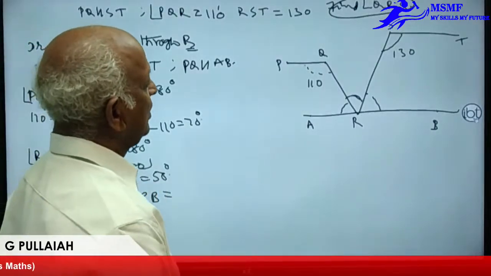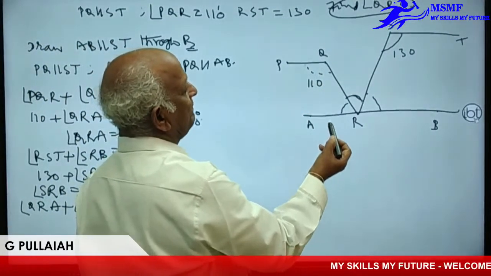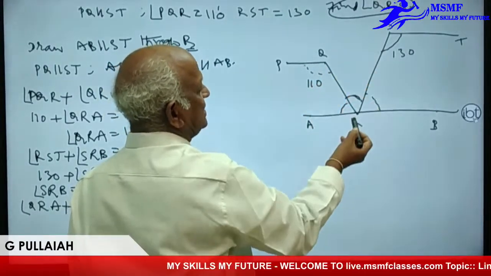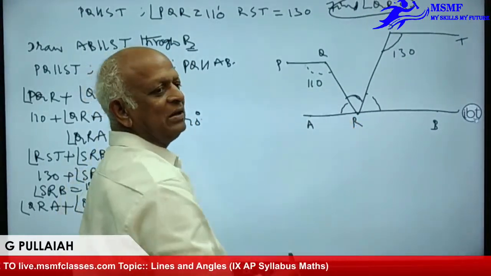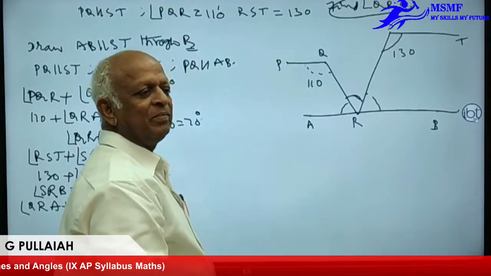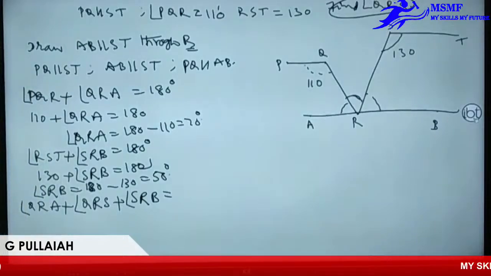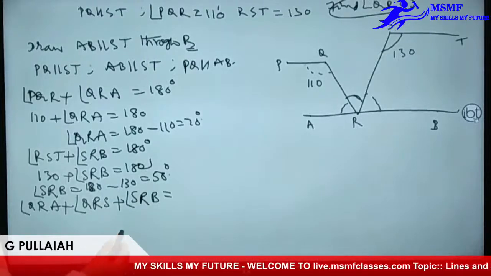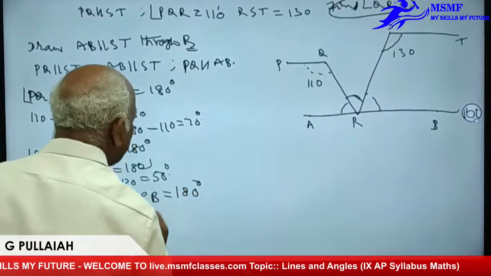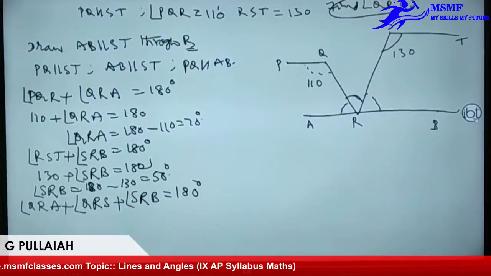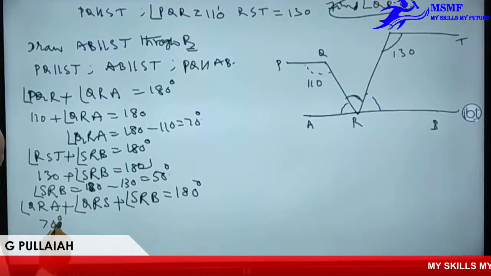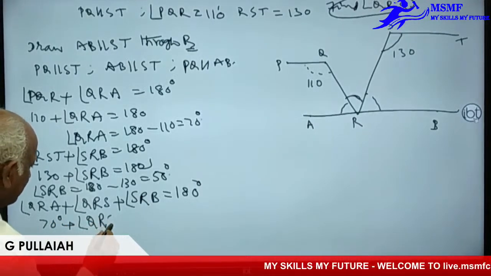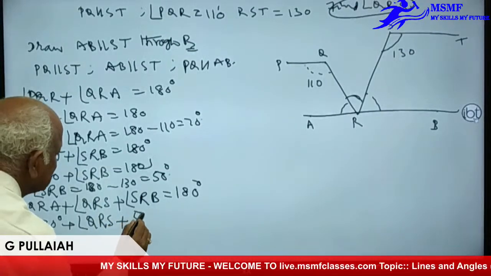All these three angles are at the same point on the same straight line. These three put together become a straight angle, so they are equal to 180 degrees. Clear? So QRA is 70 degrees, plus QRS which you don't know, plus SRB is 50 degrees.